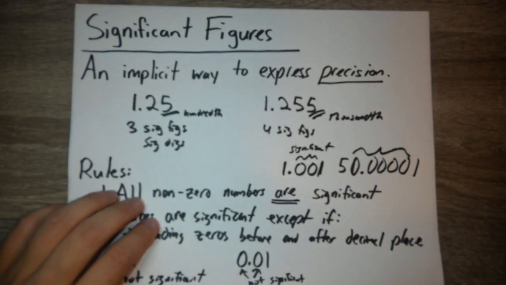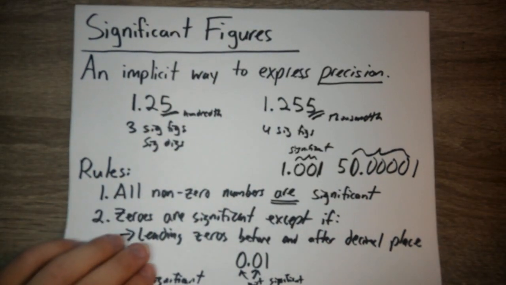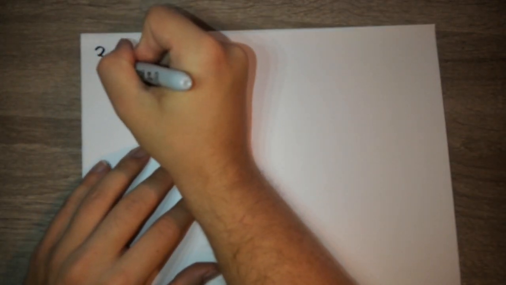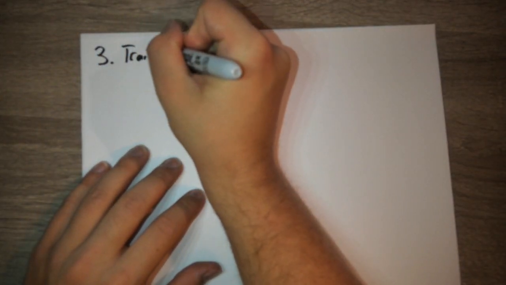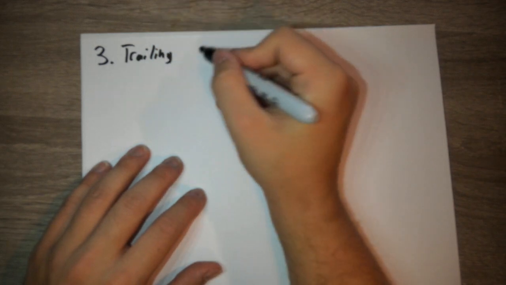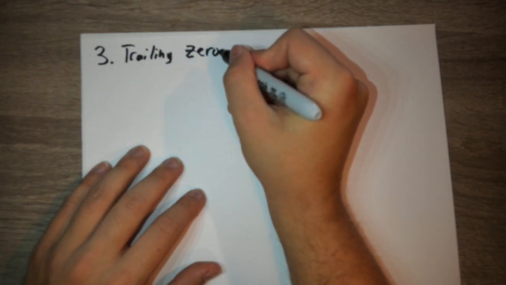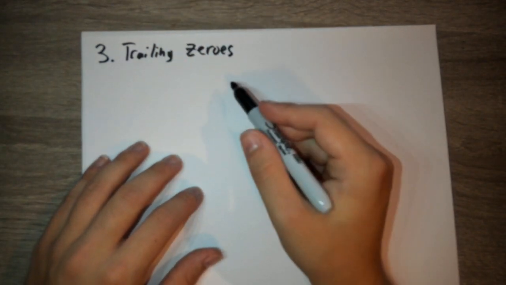Now there's one more thing to talk about with zeros, and that is going to be in the third rule, which are trailing zeros. So these are zeros that come after the end of numbers.